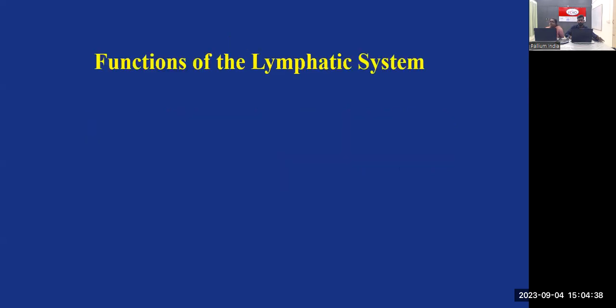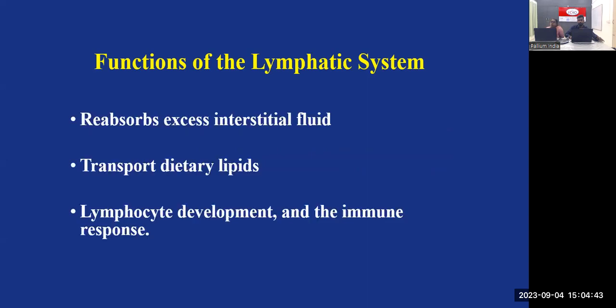So what are the functions of the lymphatic system? There are three major functions. One is to reabsorb excess interstitial fluid. Wherever the lymphatic fluid is collected, especially in the interstitial space, the lymphatic capillaries will absorb it from the interstitial space so that the fluid and electrolyte balance is maintained well, because otherwise our body will be full of edema like anasarca.